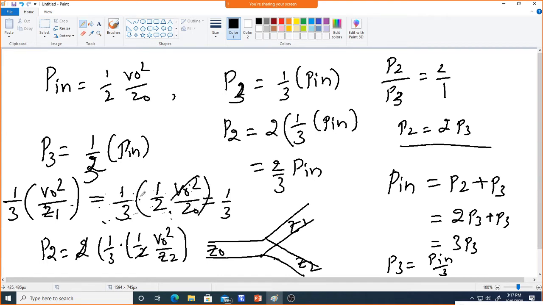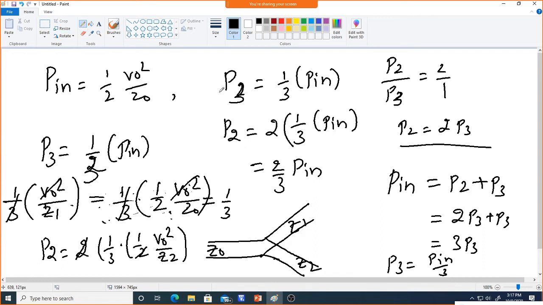So now if you cancel this one, what you will get is Z0 in terms of Z1, that will be equal to, so just a minute.